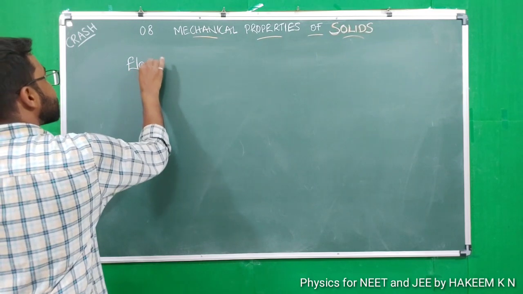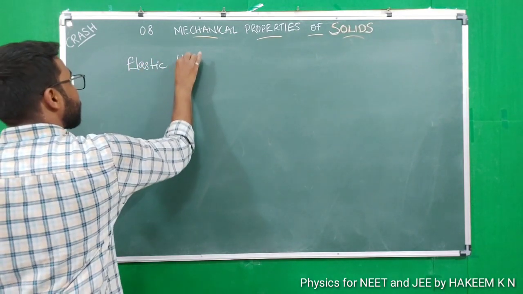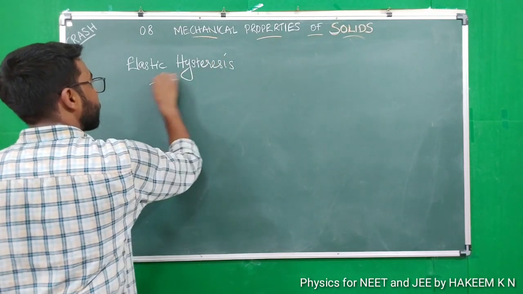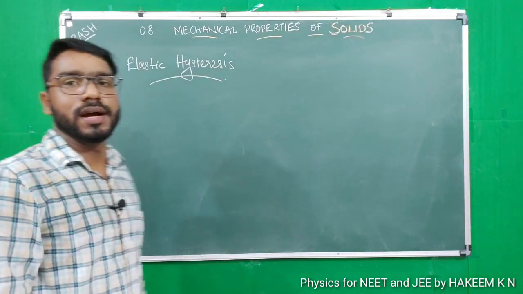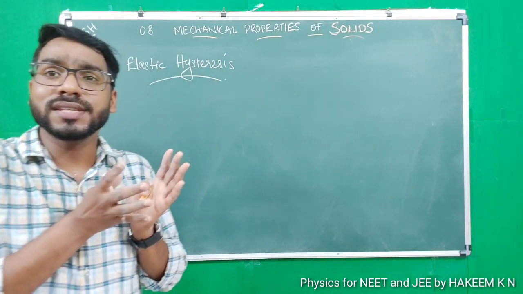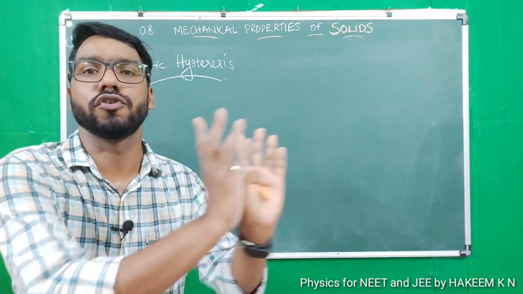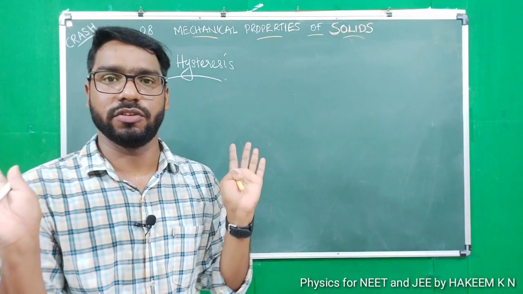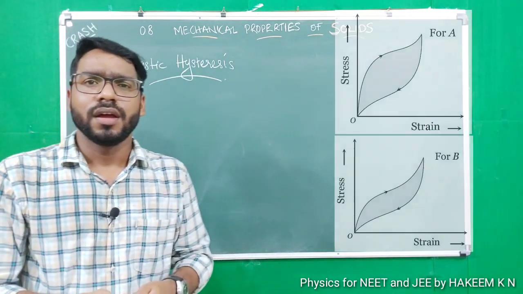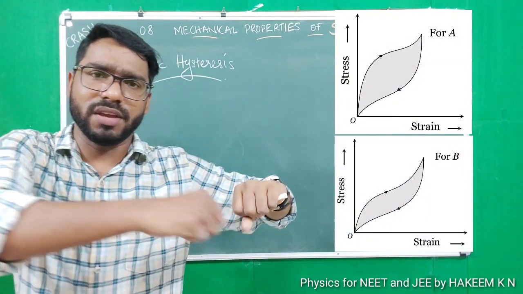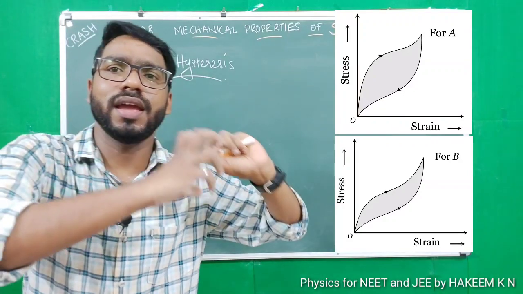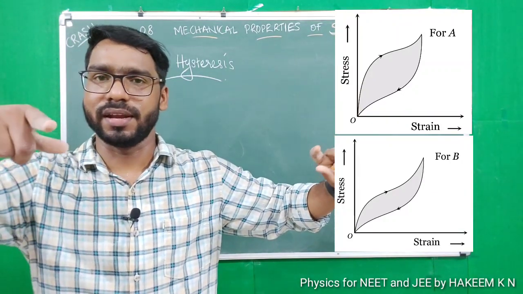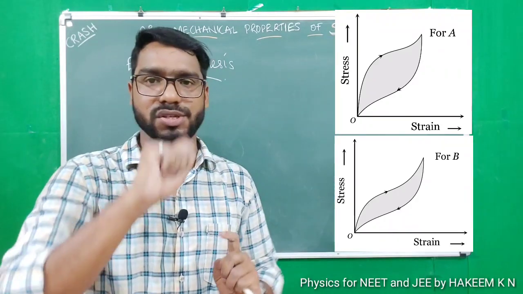Elastic hysteresis. Hysteresis means energy loss in the form of heat. When a rubber band is given a deforming force, then restoring force will develop inside it to regain the original condition.